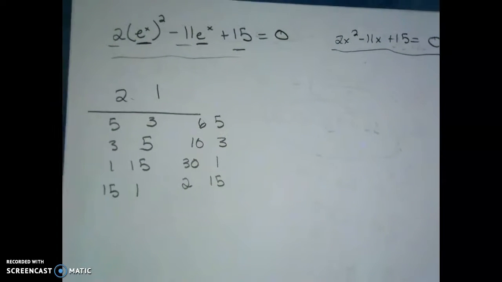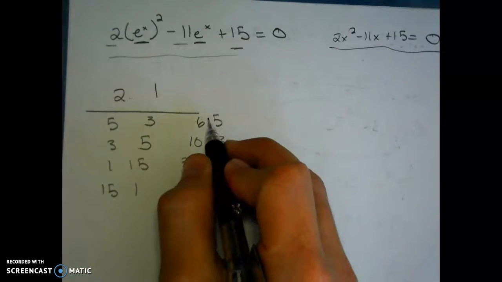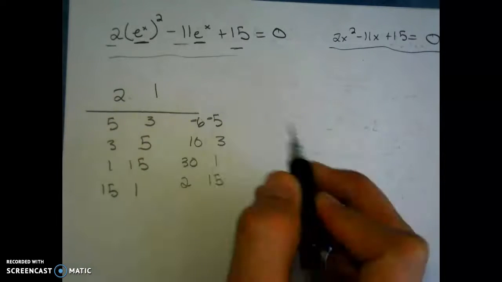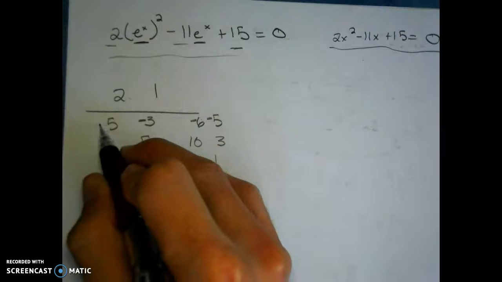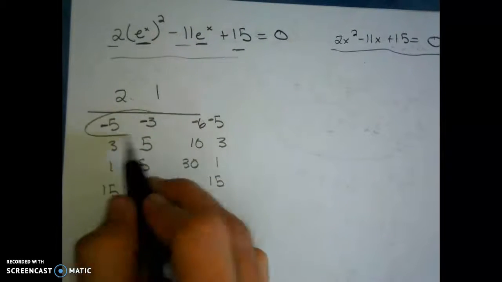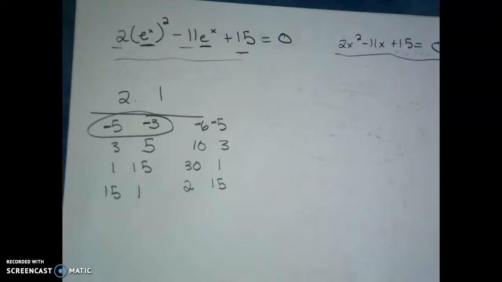Now we want to find the combination that gets us to negative 11. If I make both of these negative, that gets me to negative 11. There's my combination.